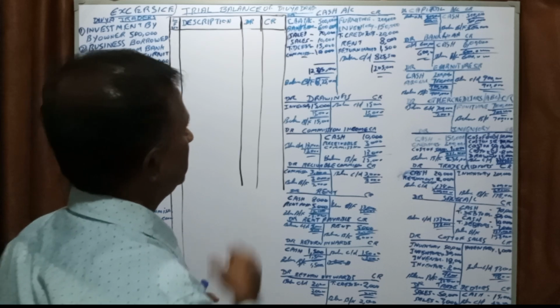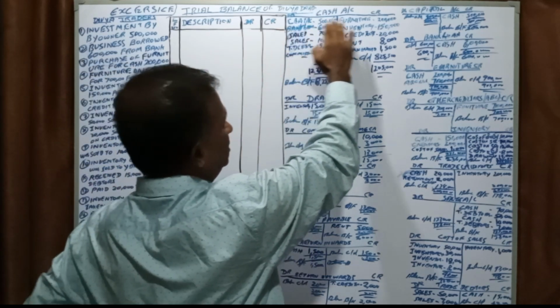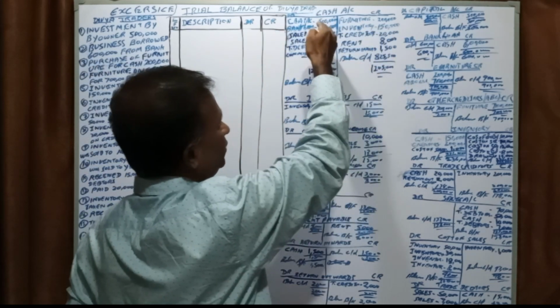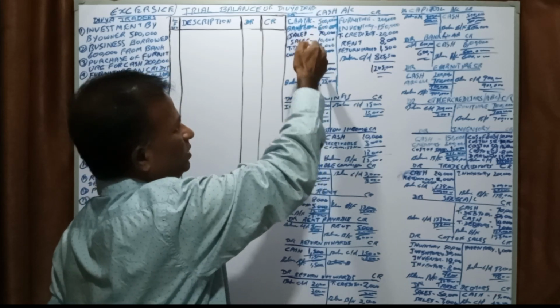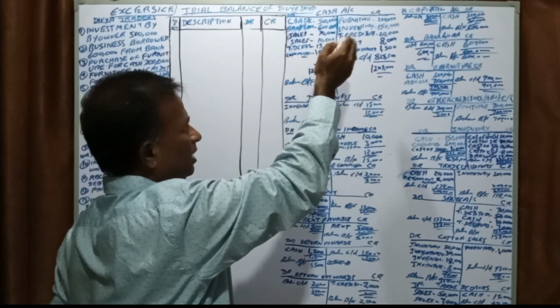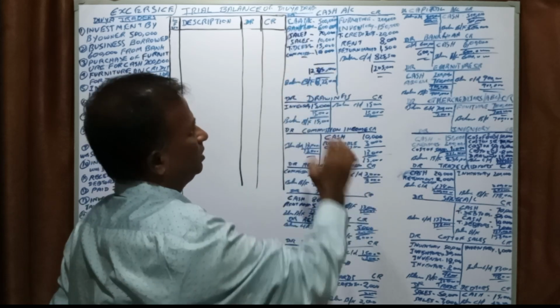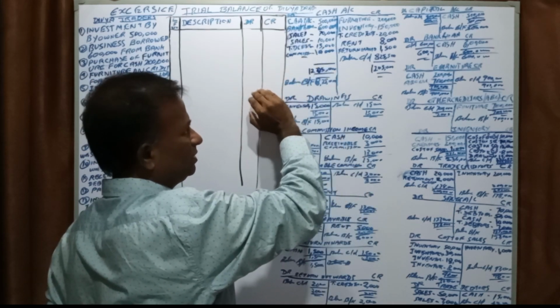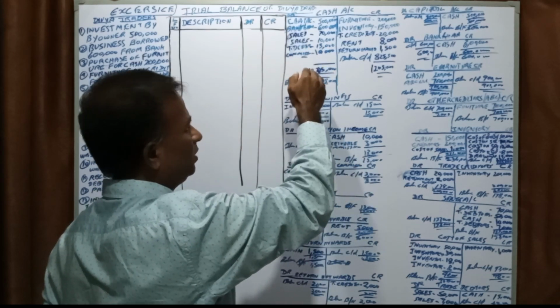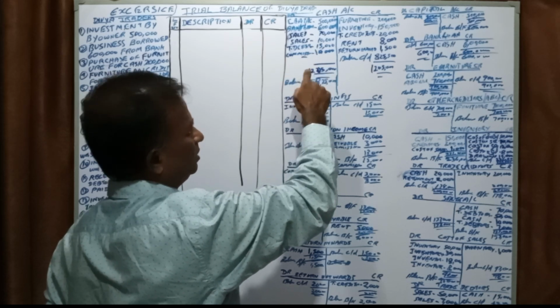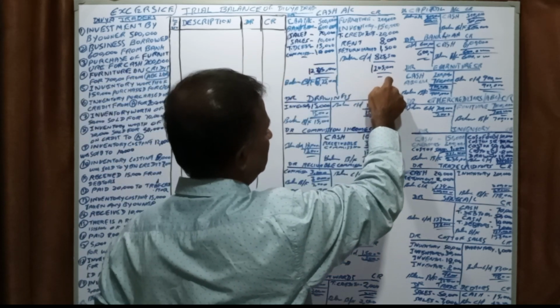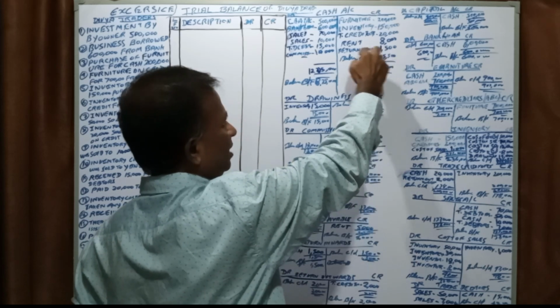When you are balancing the T accounts, you first have to see which side has the greater amount. The side which has the greater amount, you total it, then put the same total on the other side and take the balancing figure.